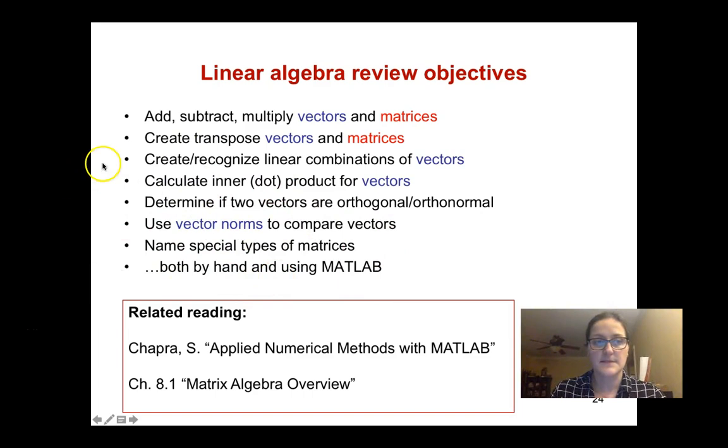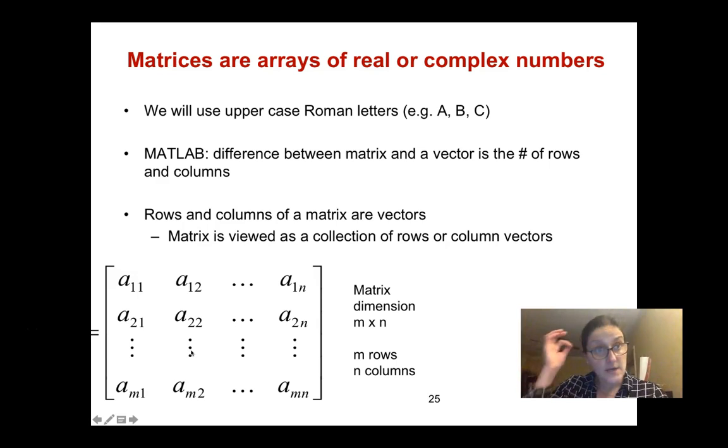So in some of these lines, you see matrices outlined in red, and also special types of matrices. Just a reminder, you can refer to chapter 8.1 matrix algebra overview in the textbook. So let's get going.